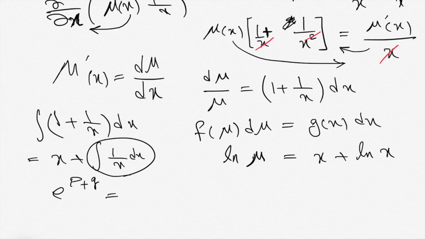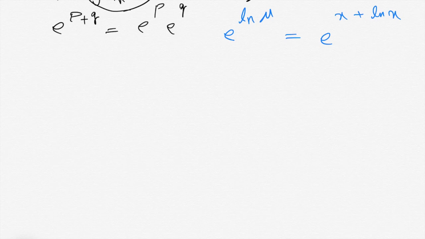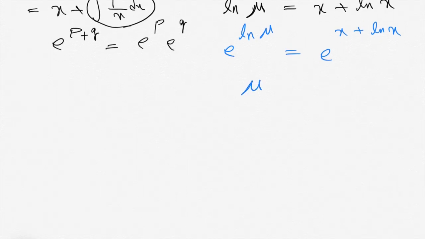Also we know that e to the power p plus q is equal to e to the power p times e to the power q, right? Therefore, I can bring the exponential here, with x plus ln of x.